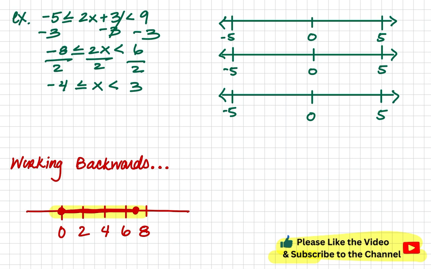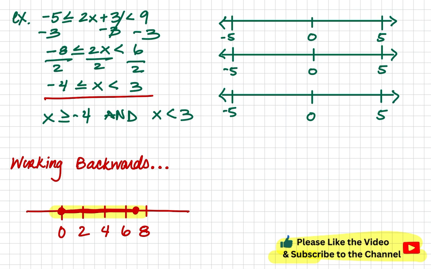That, restated a different way, I can put as x is greater than or equal to -4, and x is less than or equal to 3. So I'm going to graph this one here. So I have x is greater than or equal to -4.